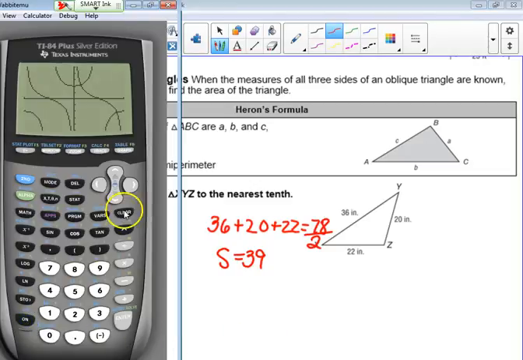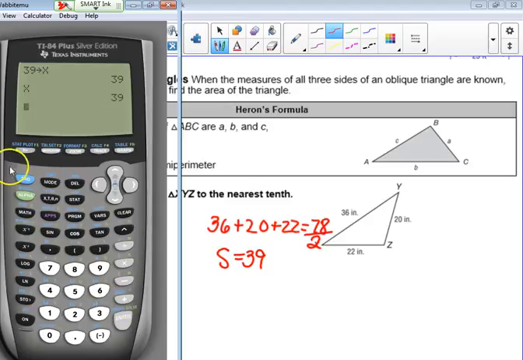So what you do is, let me get this off here. You type 39, and then this STO key down here by on, and then X, your X key next to alpha, and hit enter, and it just says 39. Now, if you want to check, just go back and type X, enter, and it says, yep, there's a 39 in there, okay?